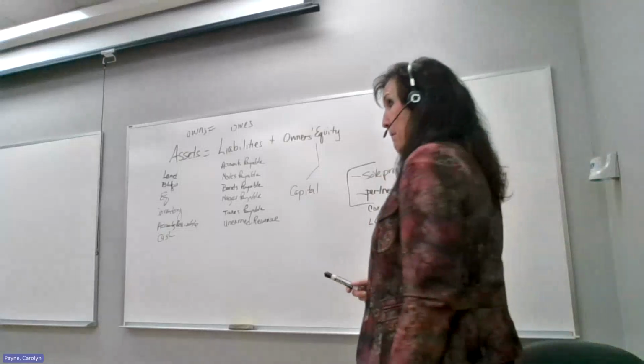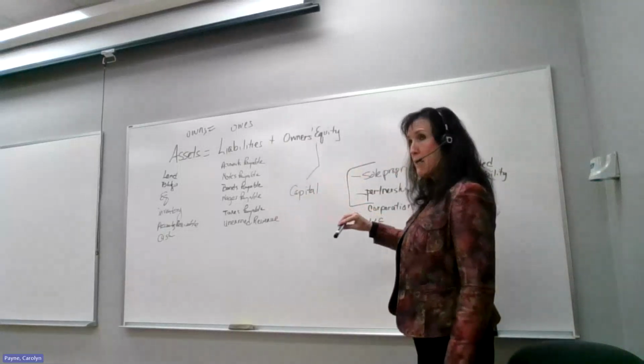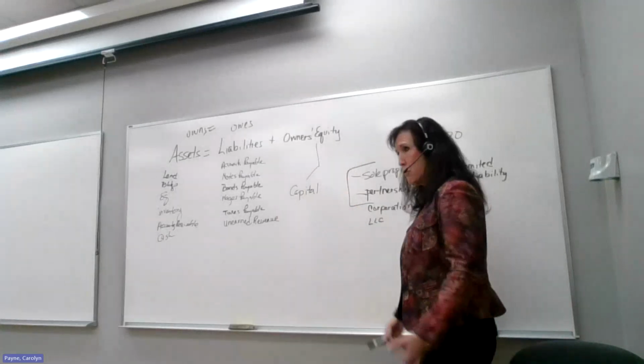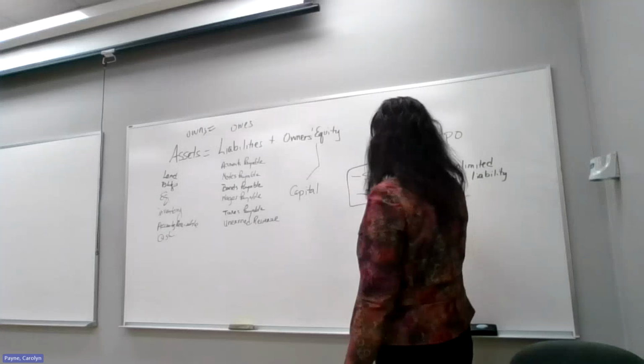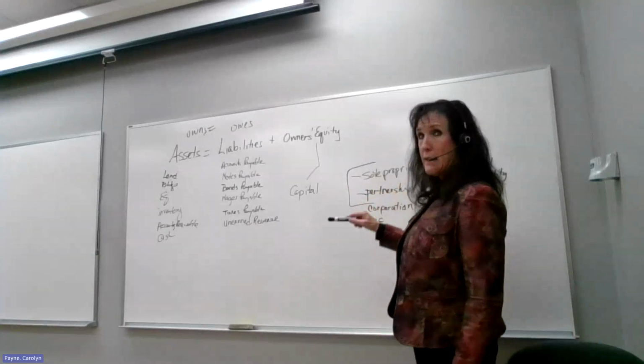Same thing with a partnership. You go into business with a partner, this partnership gets sued, it doesn't have enough assets to pay for the settlement, whatever the judge or the jury decided to give to the injured party, then the partner's assets are at risk.